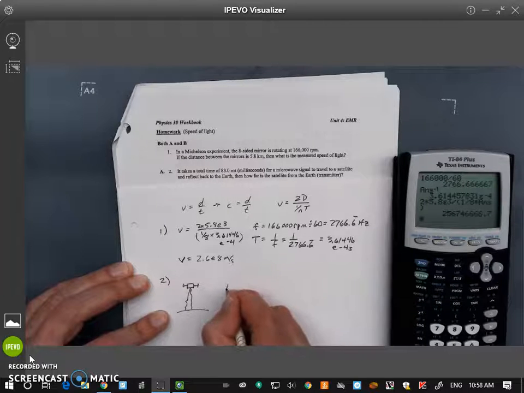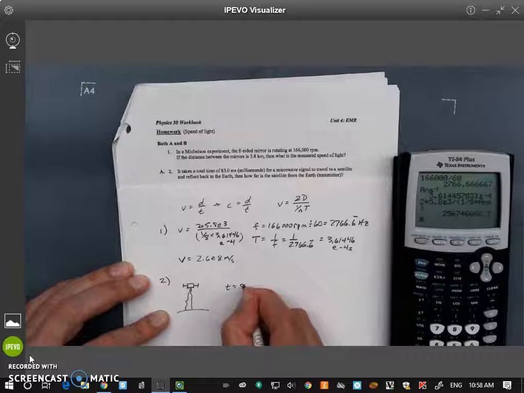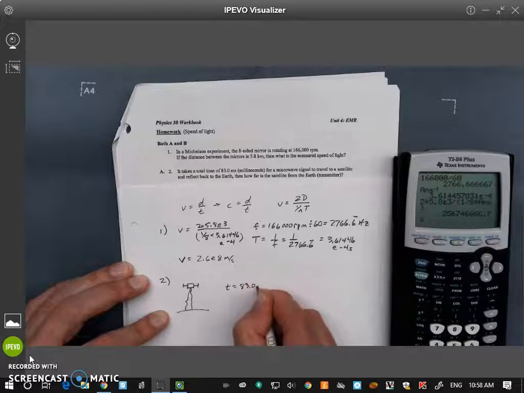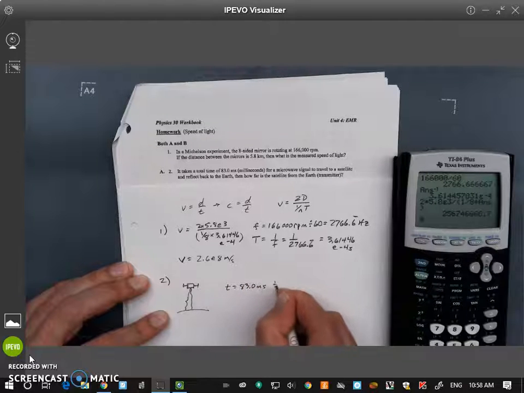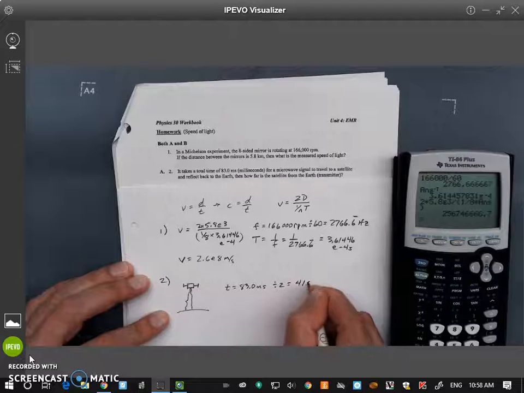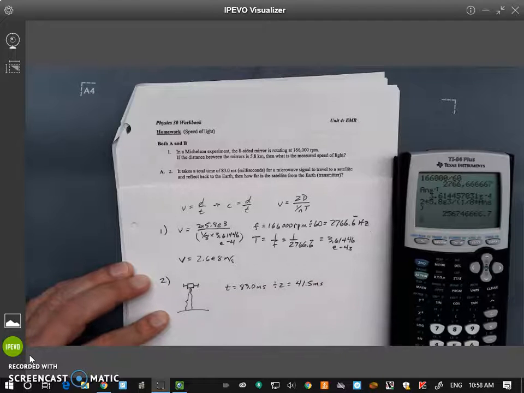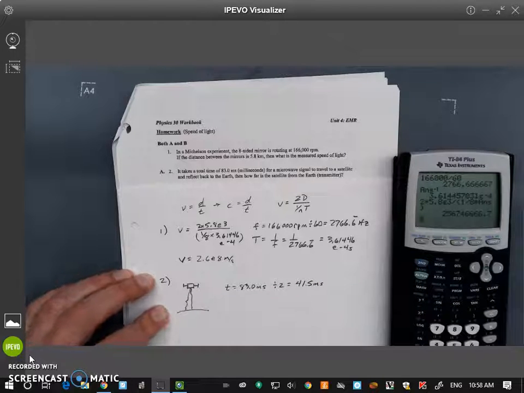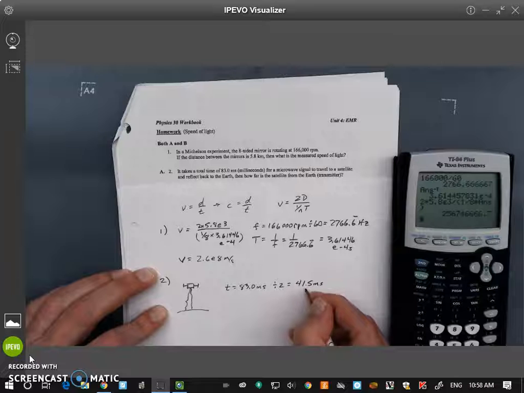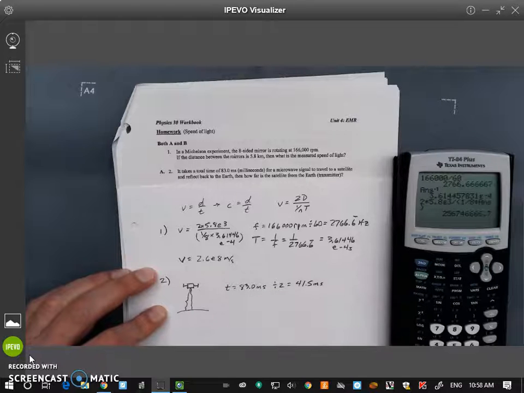So the time here is going to be 83 milliseconds divided by 2. So it's 41.5 milliseconds. Okay? Now that's obviously 41.5 times 10 to the negative 3 seconds.